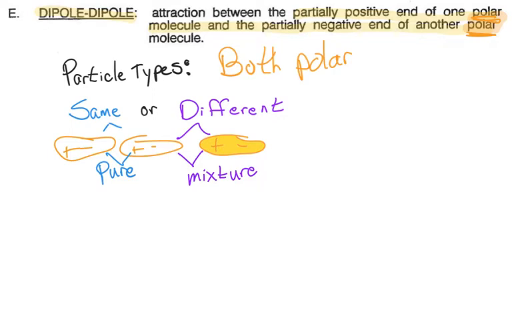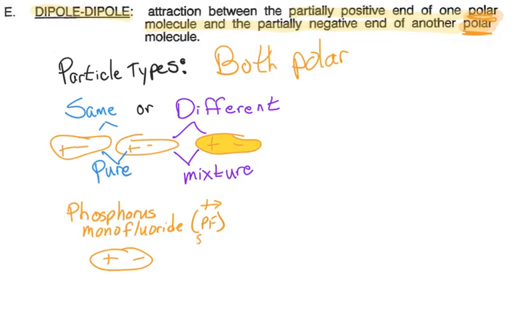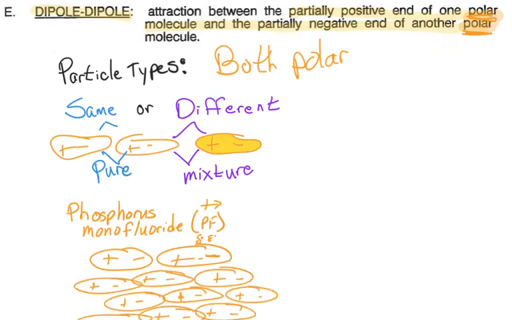I'm going to start by modeling this with a pure substance. So let's say I have phosphorus monofluoride. I'm just going to put here an oval with a positive and a negative, and with it I'm going to have another phosphorus monofluoride with another positive and a negative, and then they're just going to stack on top of each other like this, and you will see that we have all of them stacking on top of each other with the positive and the negative interacting with each other and completely surrounding each other.